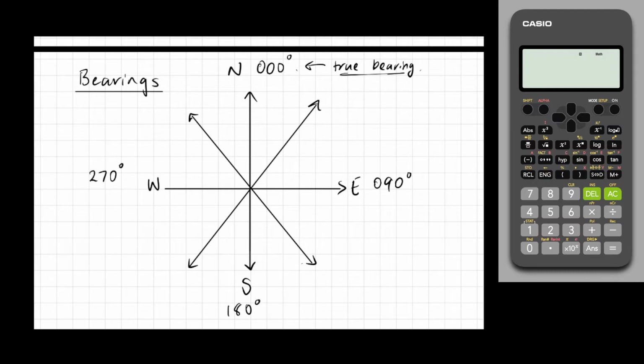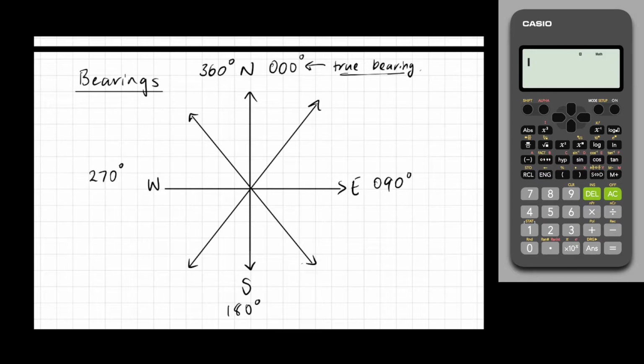We can also associate our north, okay, with the angle 360. So you can use either 0 degrees or 360. It's completely up to you.